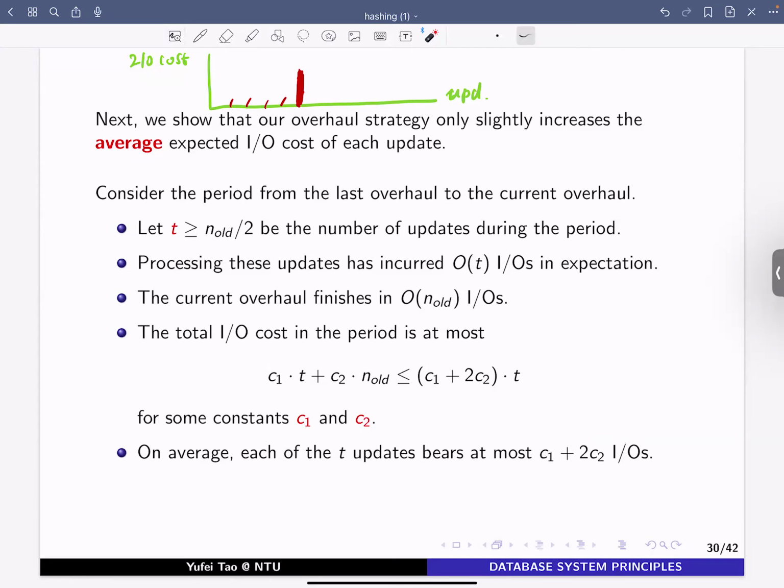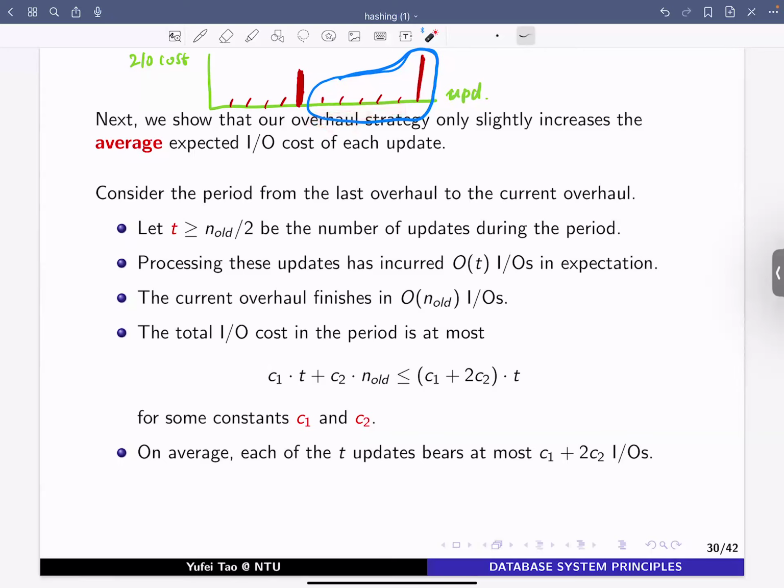All right, now this is the last overhaul. I'm going to show you the period from this overhaul to the next overhaul, think about this blue period. I'm going to prove to you that even though I will have something very, very large here, it's okay because I will have a lot of updates during the period.